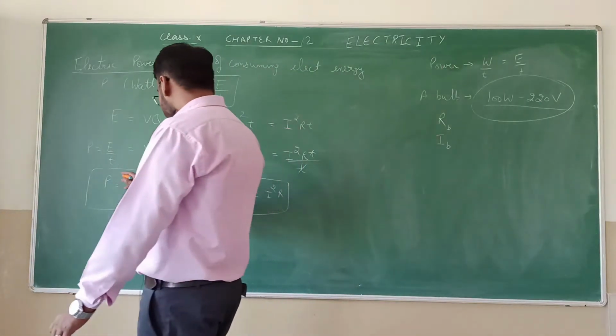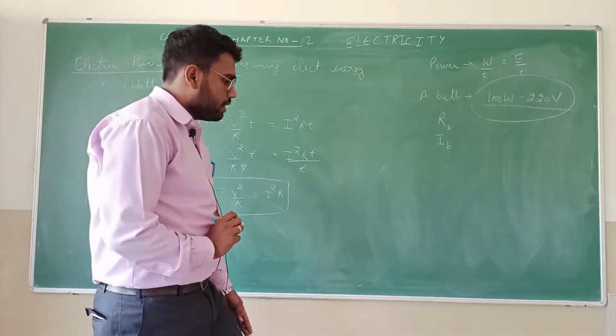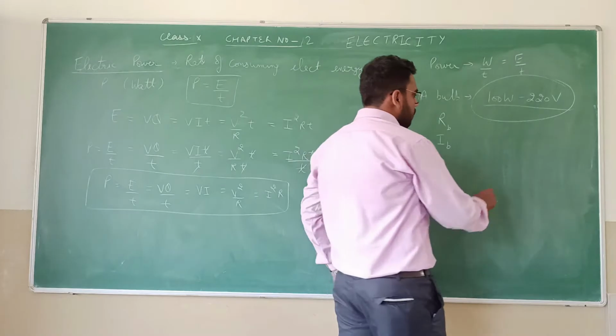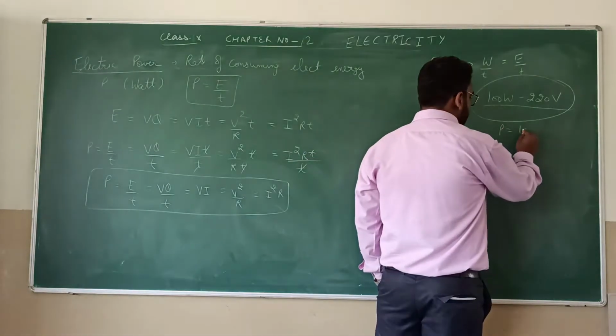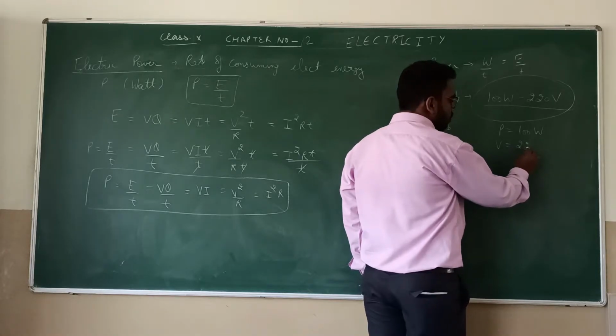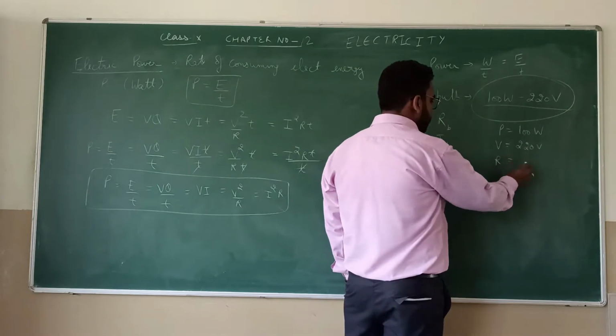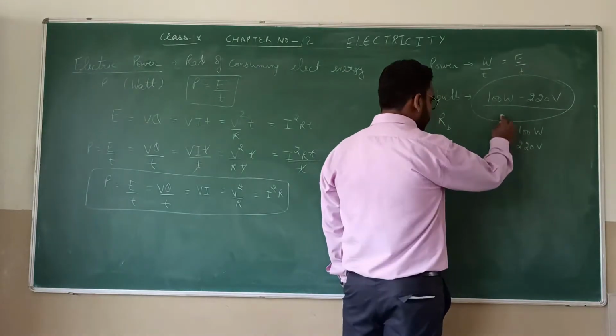Using these formulas, first we have to find resistance. Which quantities are given, let us note down. Power is given as 100 watt. Potential difference is given as 220 volt. So can we find R? Is there any formula for power which contains V and R?